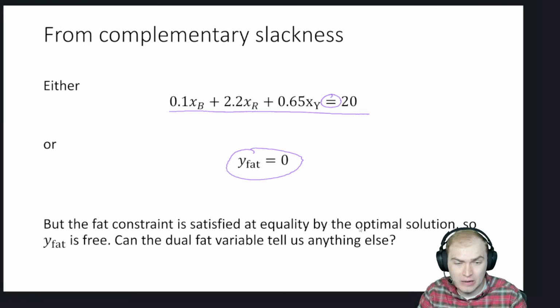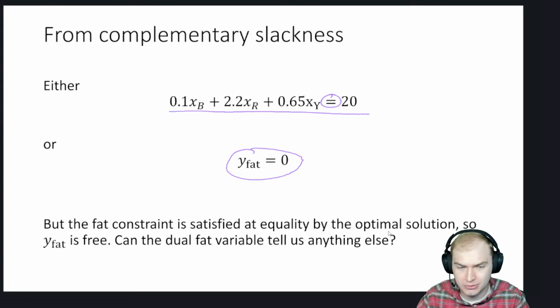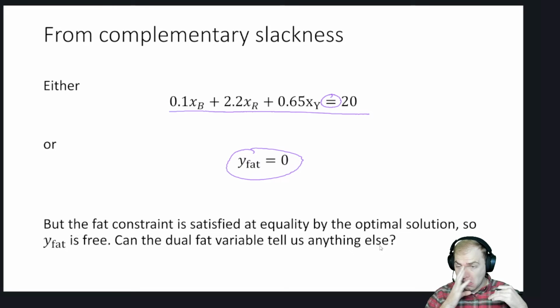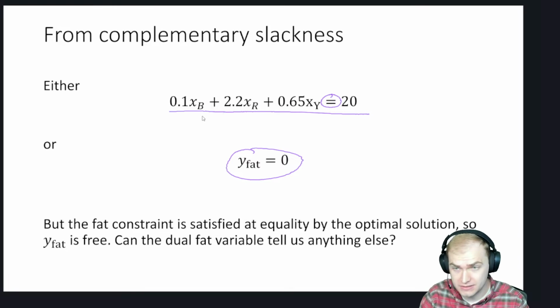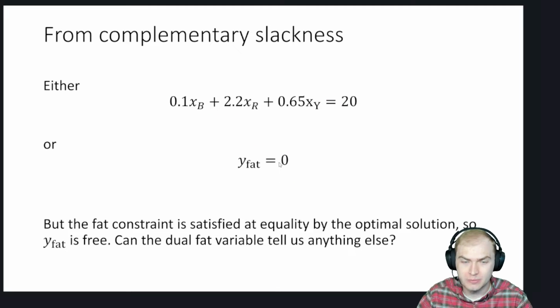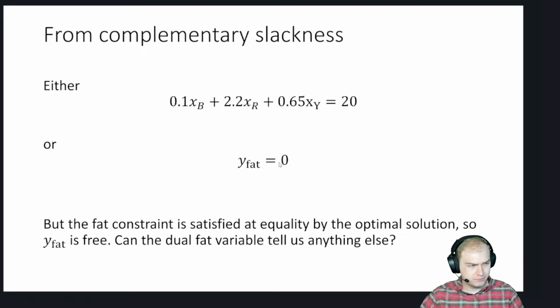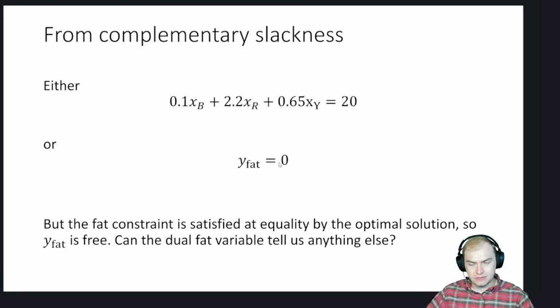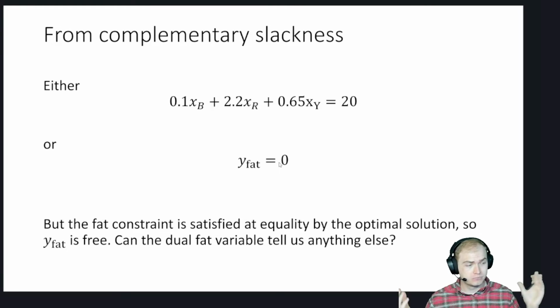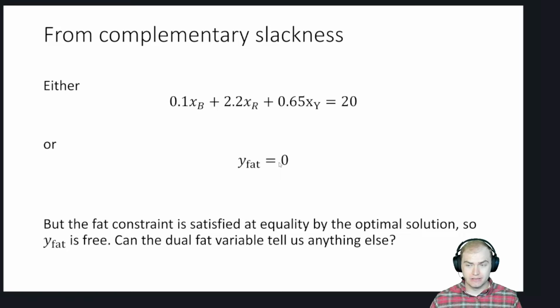Having seen the optimal solution to this problem, we know that this is actually satisfied at equality for our optimal solution. So our optimal dual fat variable is in fact free. It can take whatever value. It does not have to equal 0 by complementary slackness.